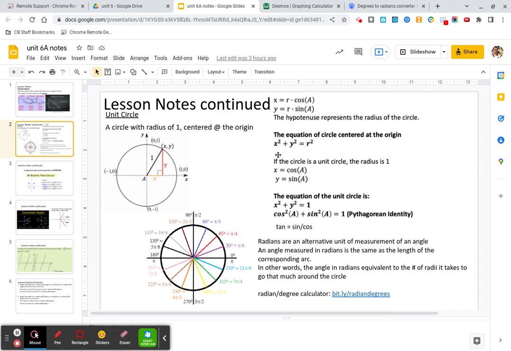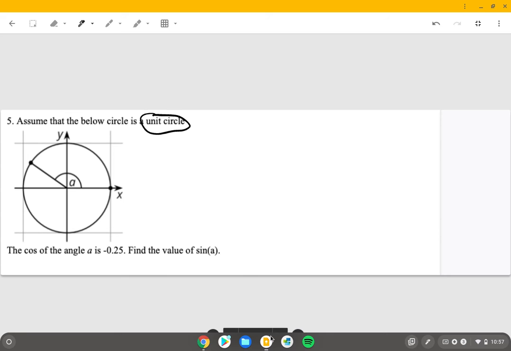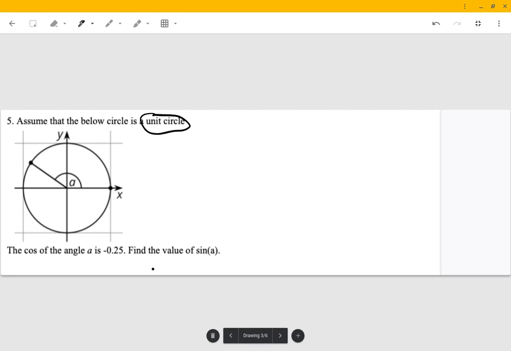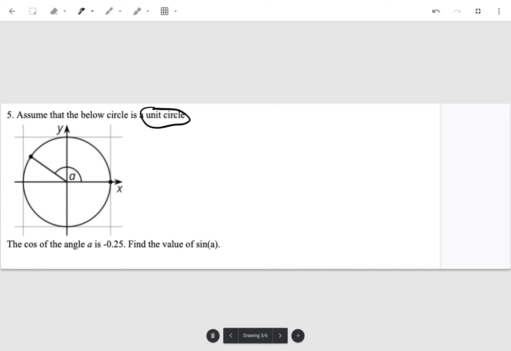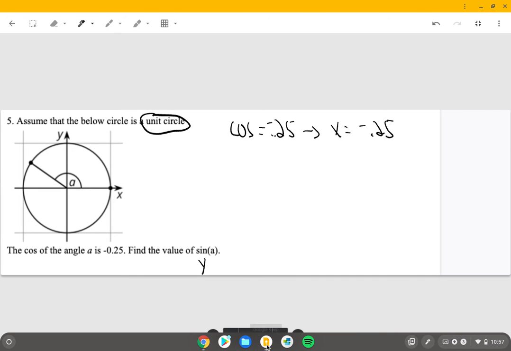So when they tell us that the cosine of the angle is negative 0.25, that means x equals negative 0.25. And we know that sine goes with y. So when they say find the value of sine, what they're really asking us to do is find the value of y.